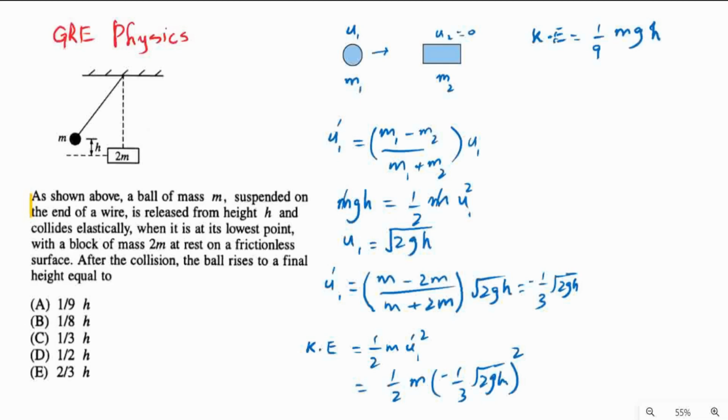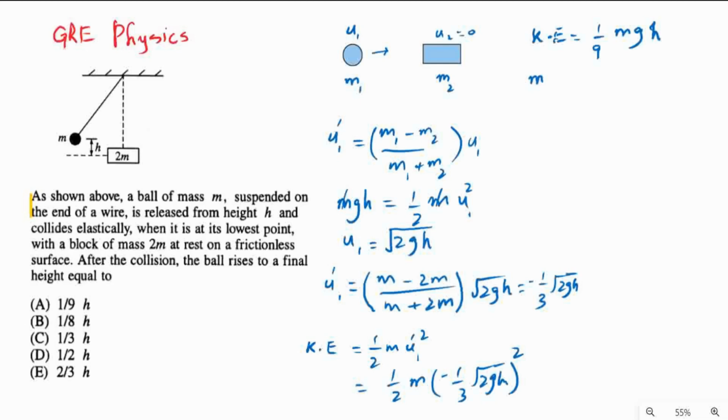Now this is the kinetic energy of the ball immediately after the collision, and this kinetic energy will be used in rising up the ball to a height, say h1. So at that point, the potential energy of the ball is mgh1.